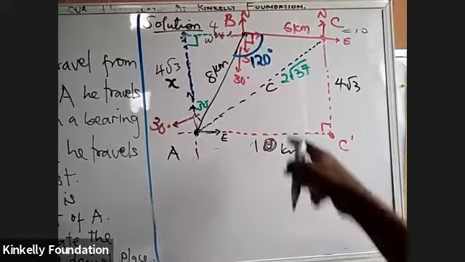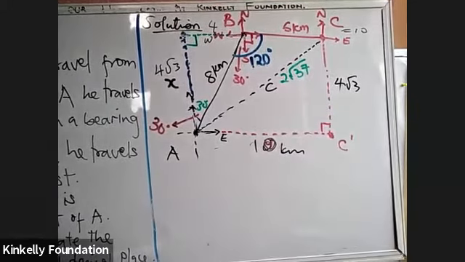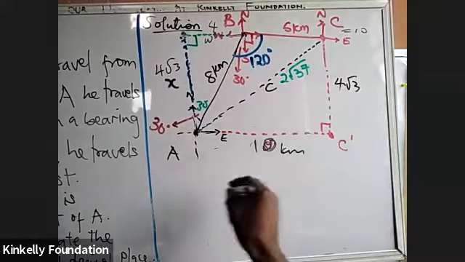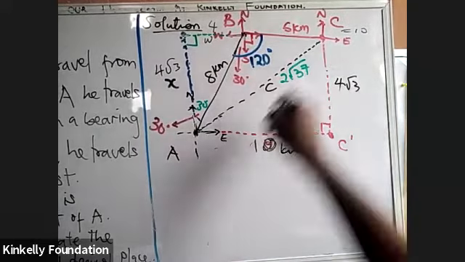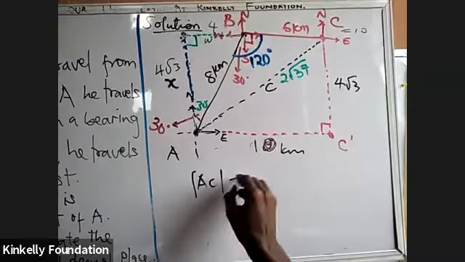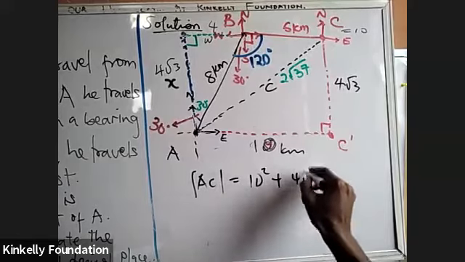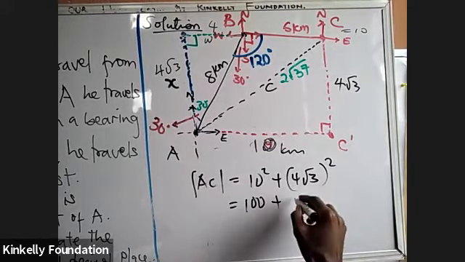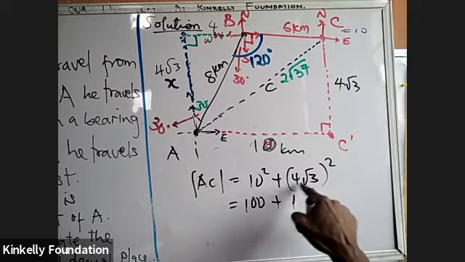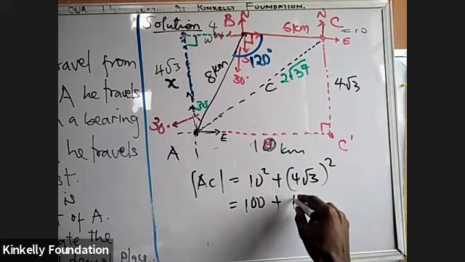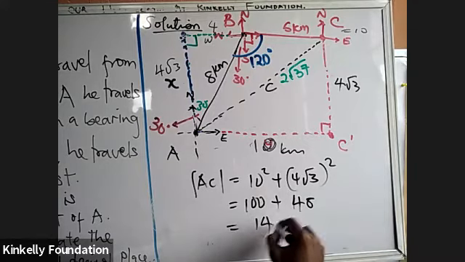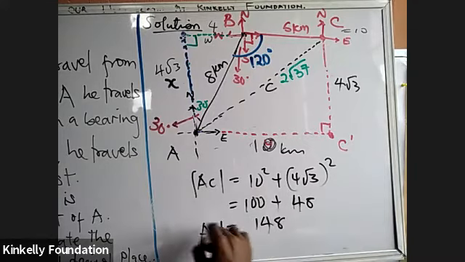On the question on how we got 2 root 37, we know that having here as 10, you can use Pythagoras here. Let's call it line AC. Line AC squared will now be 10 squared plus 4 root 3 all squared. So this is 100 plus 16 times 3, which gives us 48. Now this is 148.